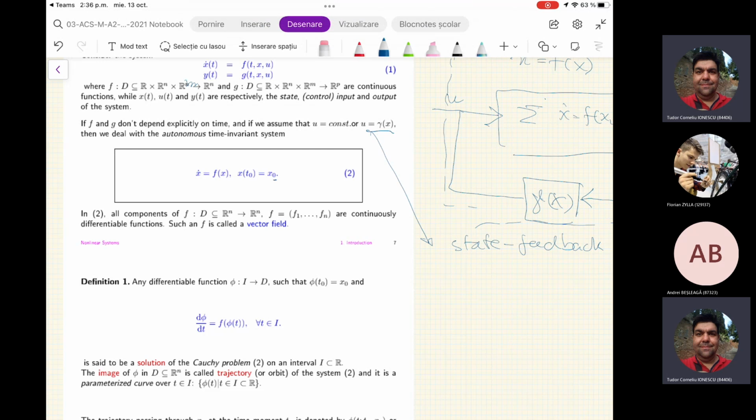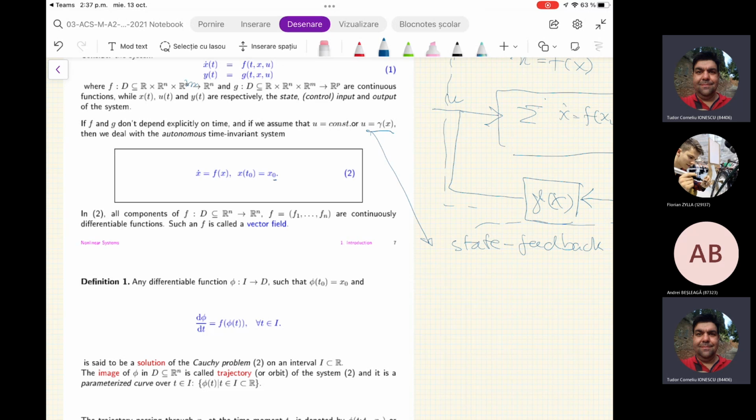A differentiable function phi defined on some domain such that phi of t0 is x naught and the time derivative of phi is f of phi t is called a solution of the so-called Cauchy problem.